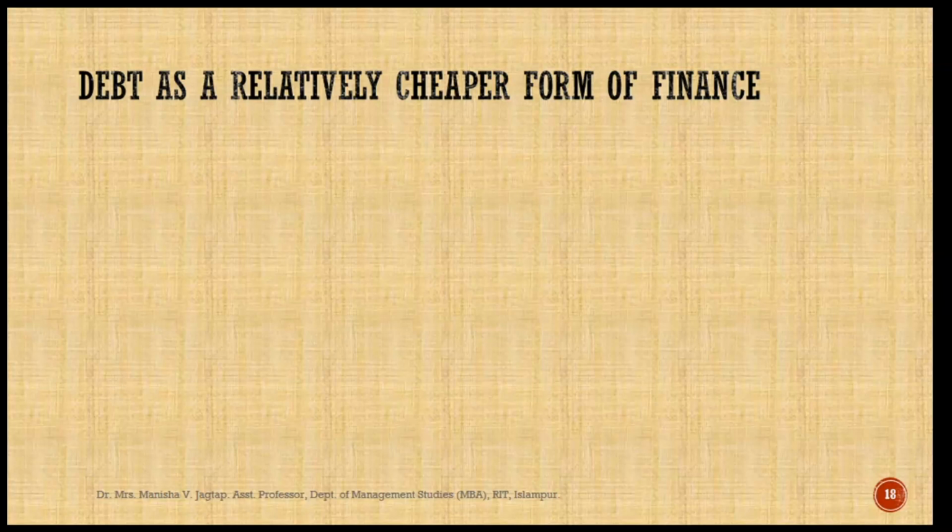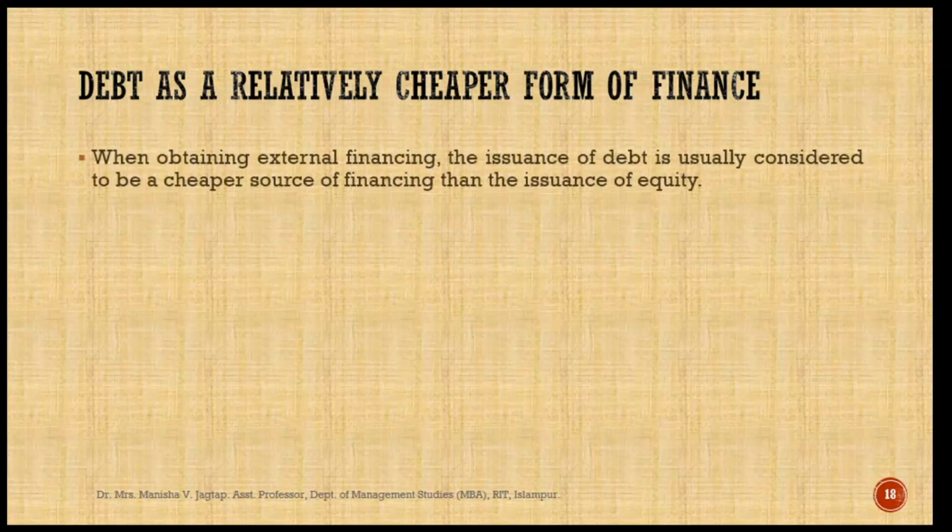We have already seen various sources of raising funds, where we saw four important ones: equity shares, preference shares, debentures, and loan from a bank or financial institution. Here it is argued that debt is a relatively cheaper form of raising funds for any organization. Let us see the justification for why it is said so.